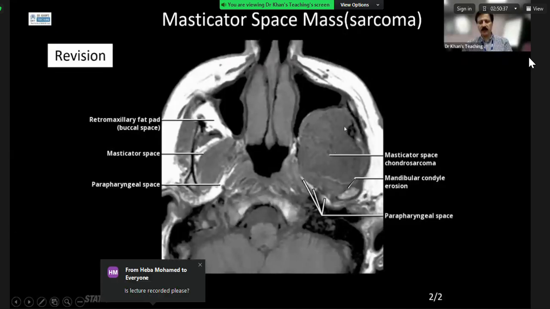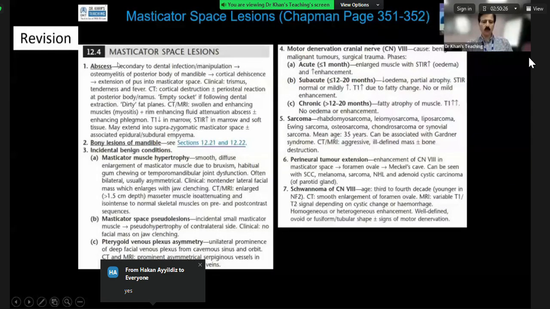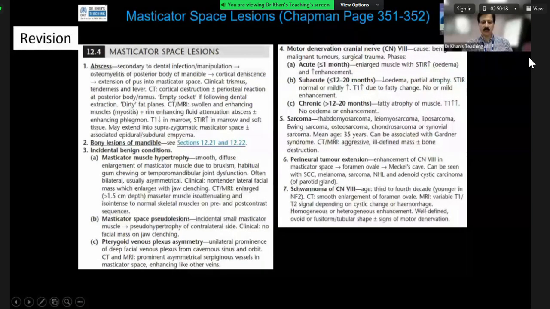Having said that, if you tackle this in your day-to-day radiology or your exam, the key thing, first of all, see the radiological features, go through the differential diagnosis. So these are the masticator space lesions. And there are all of these differential diagnoses, and from here you can pick up a specific diagnosis.